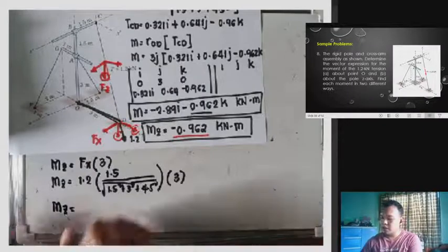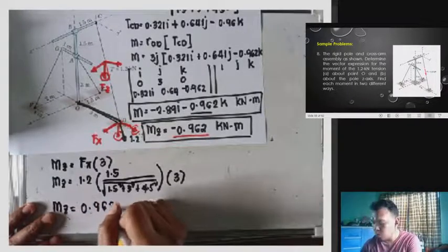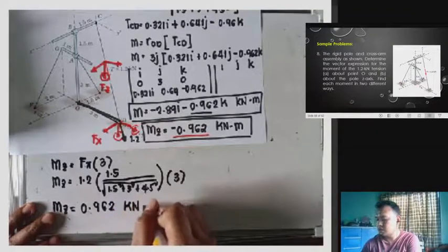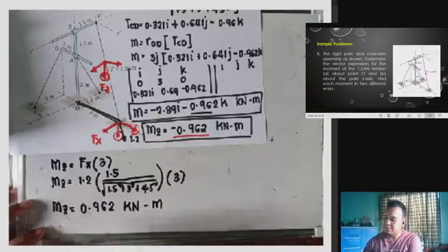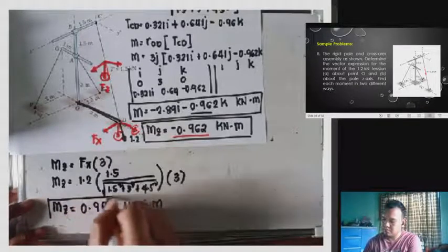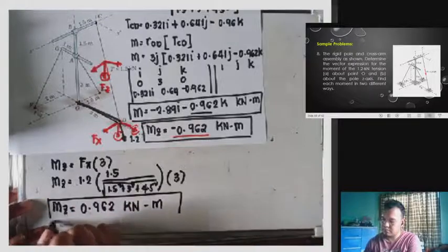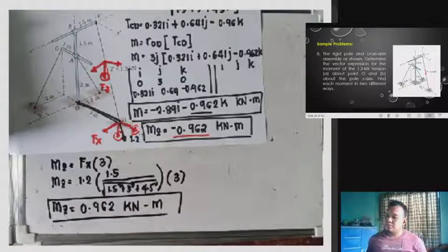We have here 0.962 kilonewton meter. Okay.